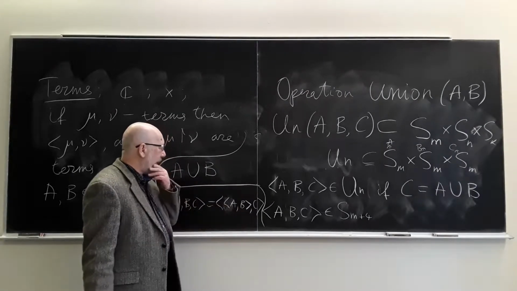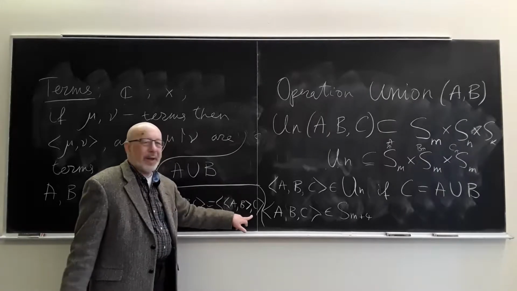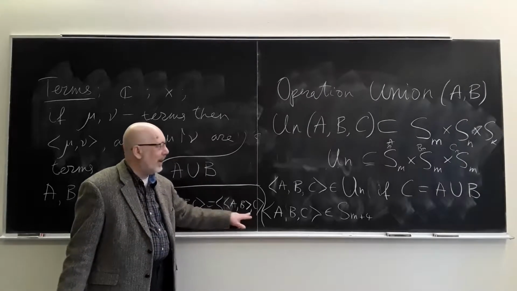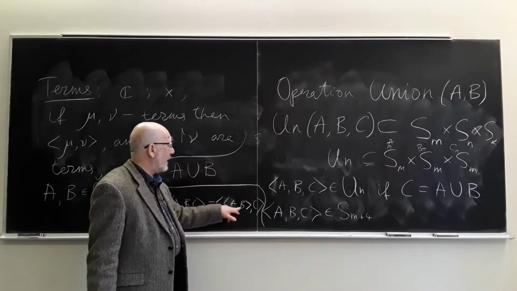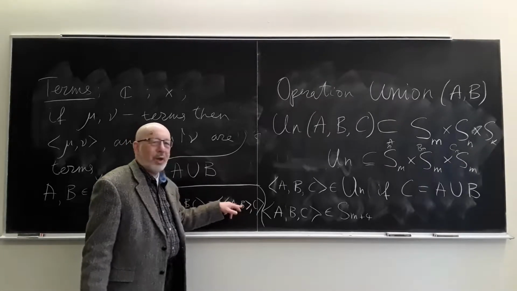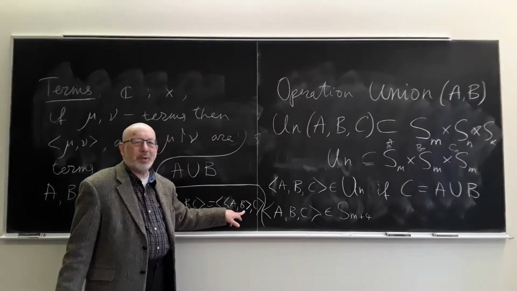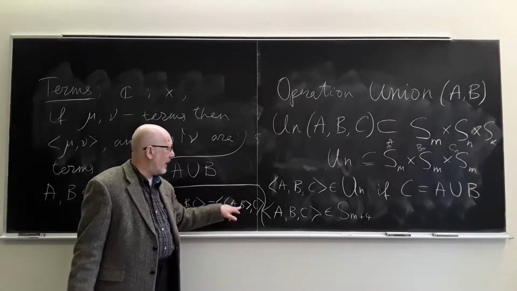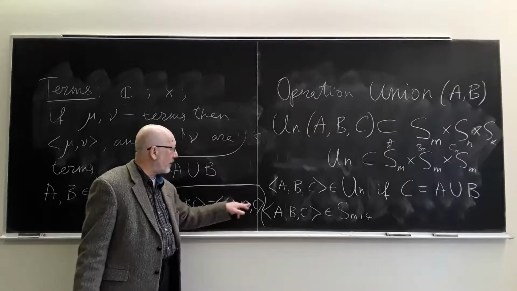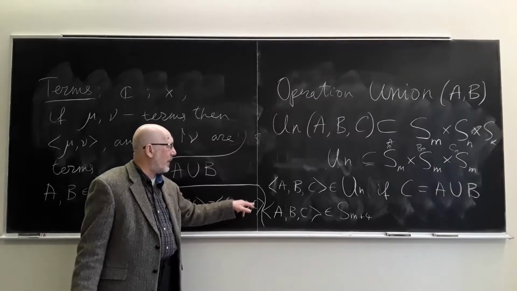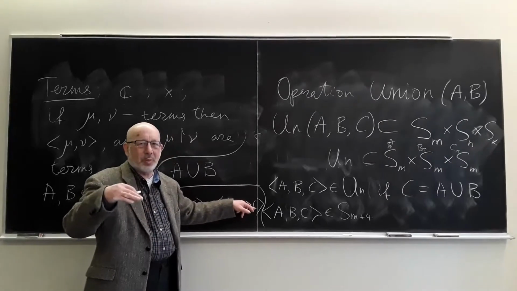Say, an iterated pair. So AB: if A, B, and C each are in Sm, then AB is in Sm plus 2. And C is in Sm, but also in Sm plus 2 automatically.